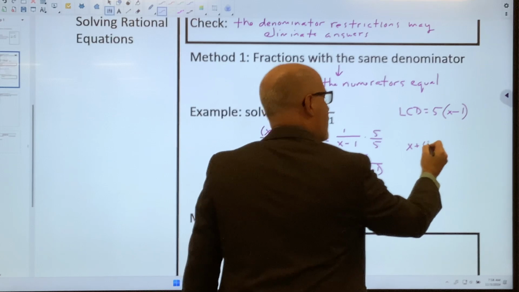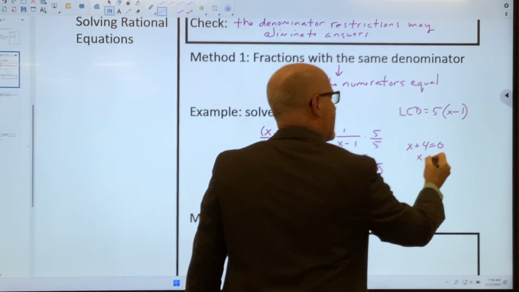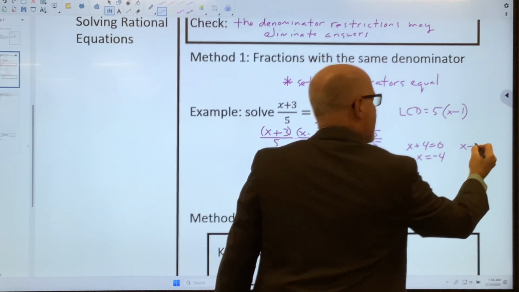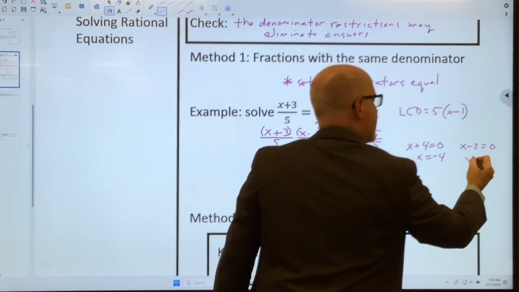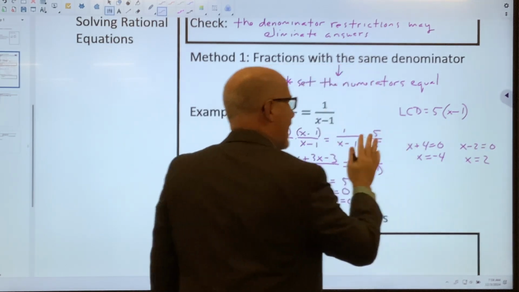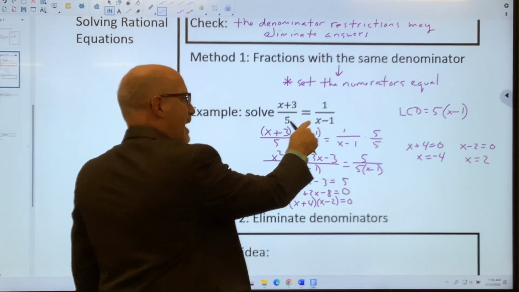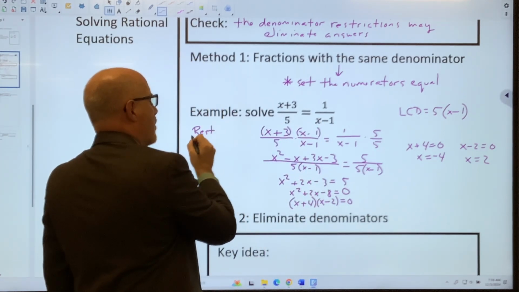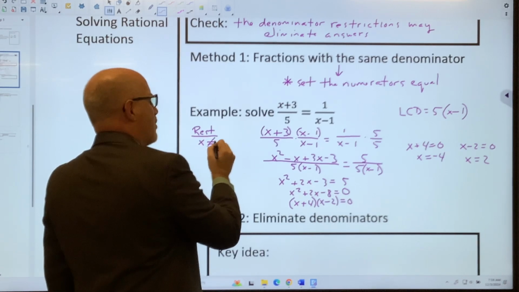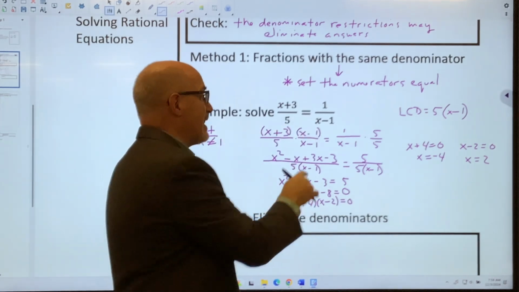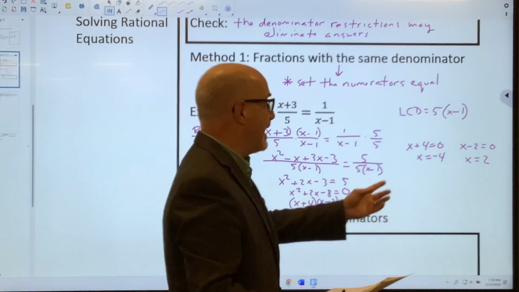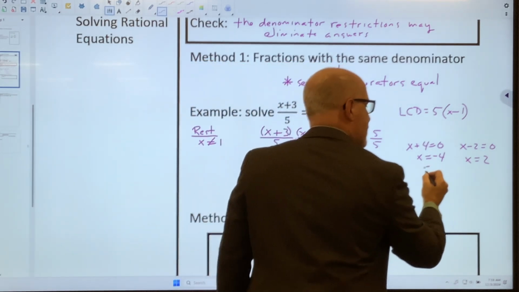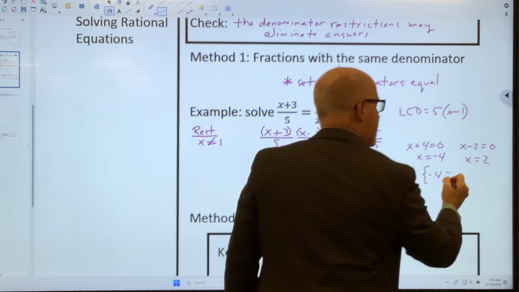So x plus 4 equals 0, x equals negative 4, and x minus 2 equals 0, x equals 2. Now we have to check our restrictions. Back at the original problem, the restriction, as we stated before, was that x cannot equal 1, because if it did, that denominator would equal 0. Neither one of these two is that restriction, so the answer is just negative 4, 2.